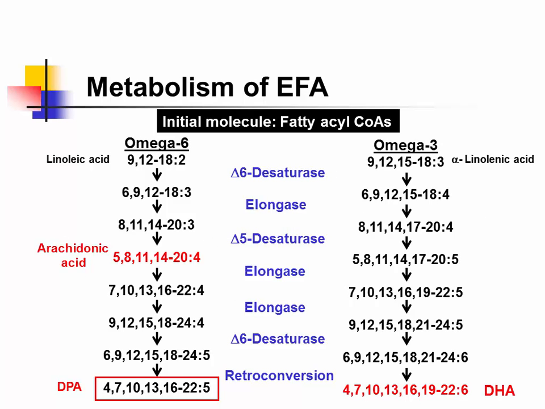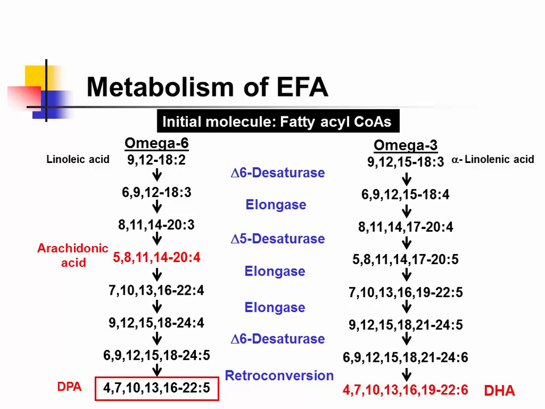Okay, here are the pathways for how omega-6 and omega-3 fatty acids are synthesized from essential fatty acids. Linoleic acid is the essential fatty acid in the omega-6 family, and alpha-linolenic acid is the essential fatty acid in the omega-3 family, right?